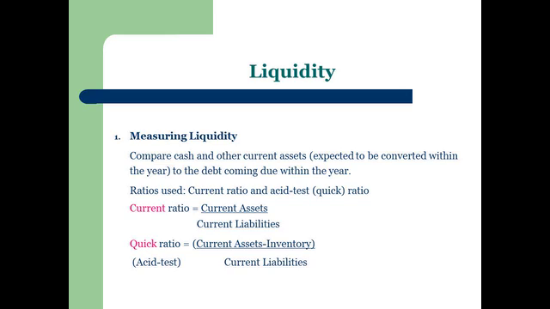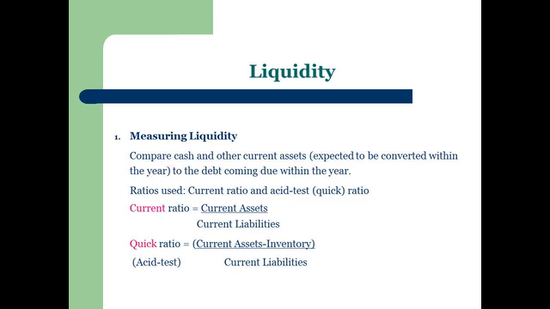What comes under current liabilities? In current liabilities you have payables, short-term loans which you have to pay within a 1 year span, and creditors that you have to pay within 1 year. All those payments which you have to make within 1 year are known as current liabilities.